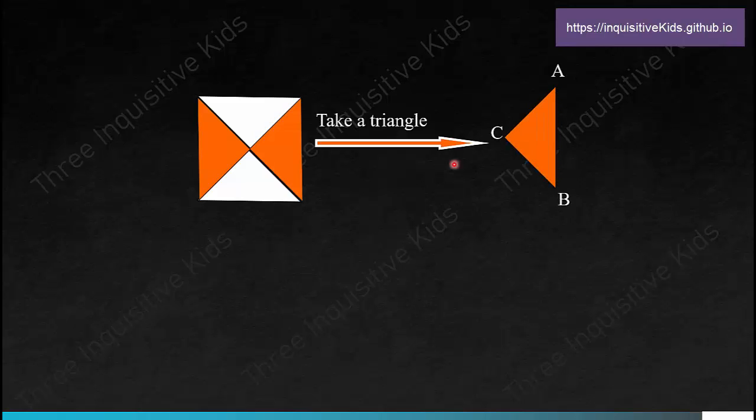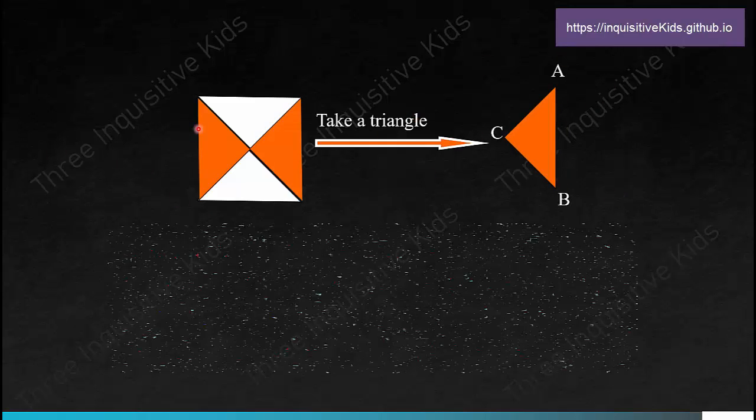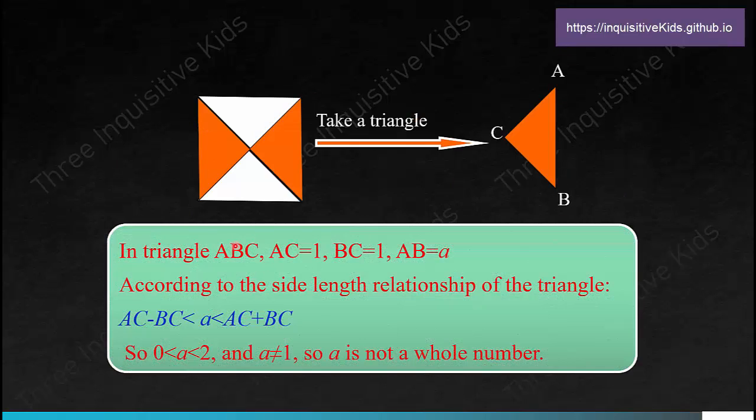So, why don't we take a triangle ABC from this square? In triangle ABC, AC equals 1, BC equals 1, and AB equals A. Yes, this is the same square.